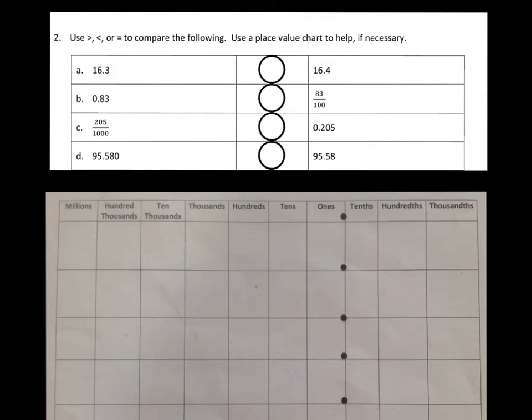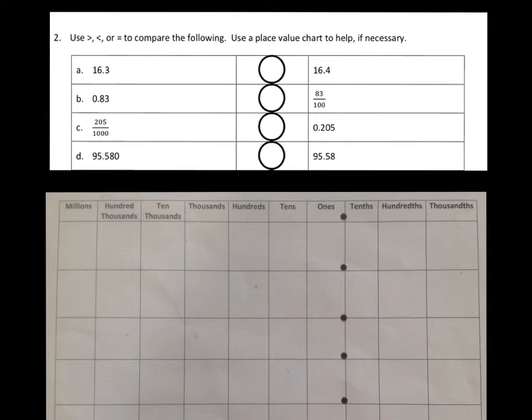Alright, let's look at number 2. It says, use greater than, less than, or equal to compare the following numbers. Use a place value chart to help if necessary. If you would like to use the place value chart in your SmartPals, you can take a picture of it on your iPad and use it on Educreations or Explain Everything for your homework.